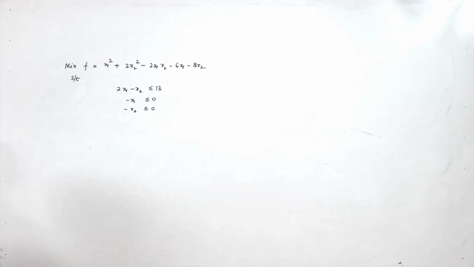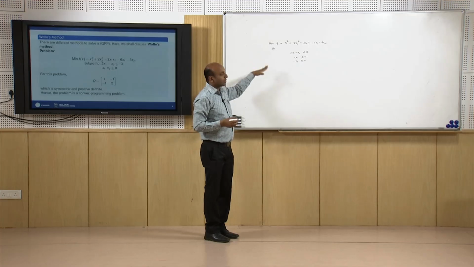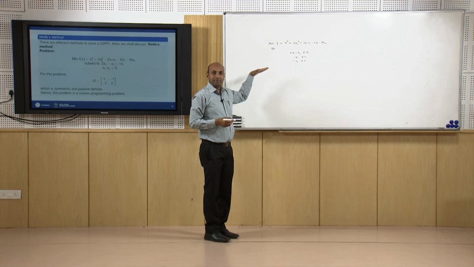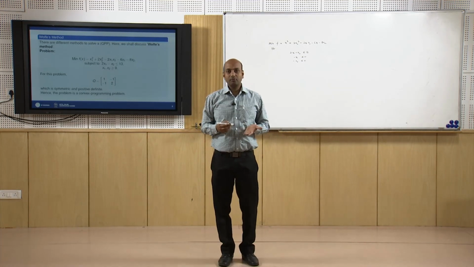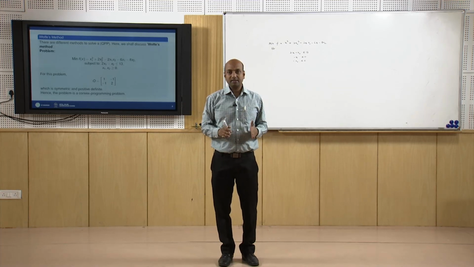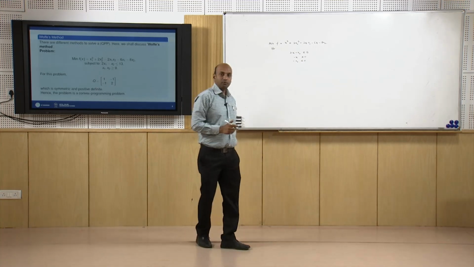So, we will try to solve this problem. There are different methods to solve a QPP. One method is Wolfe's method. We will see what Wolfe's method is and try to solve this problem using it.